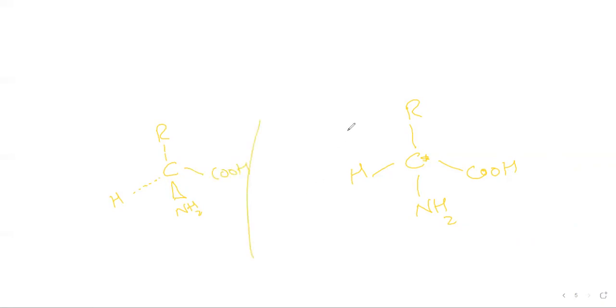So what will be its optical isomer? They would be mirror images. So it would have COOH appearing over here, H coming there, and NH2 over here. So these two are the optical isomers of each other, mirror images, right? Yes. So these were just the intro notes for isomerism so far.